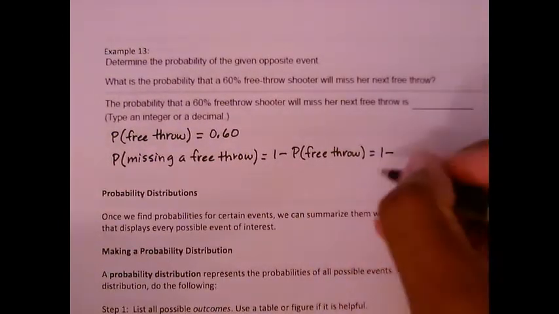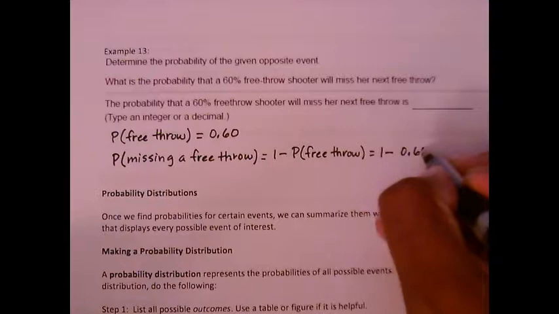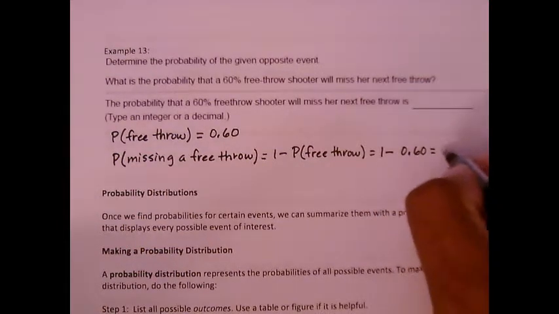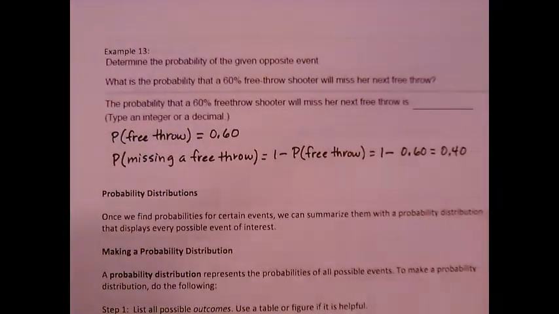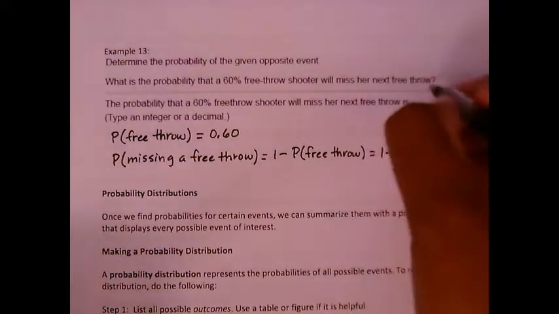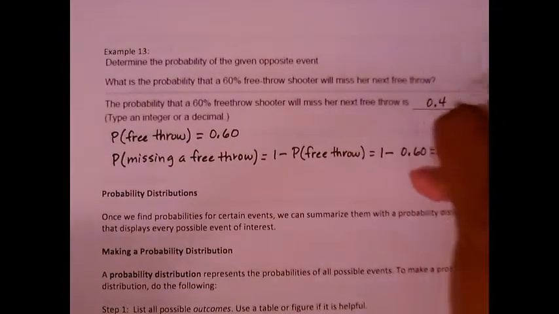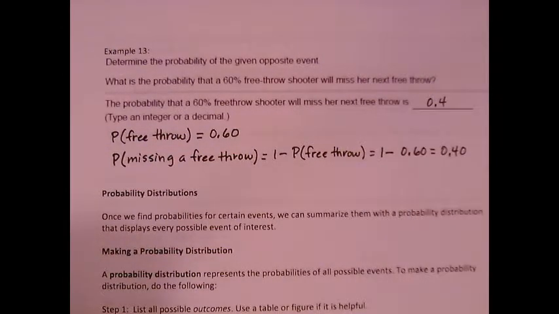In this case, this will be 1 minus 0.60, or 0.40. And I think 0.4 would suffice here. So the probability that a 60% free throw shooter would miss her next free throw would be 0.4.